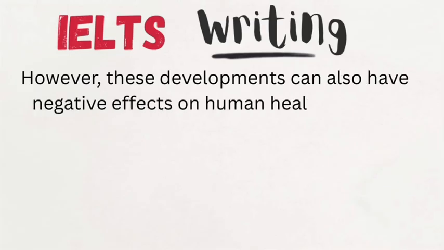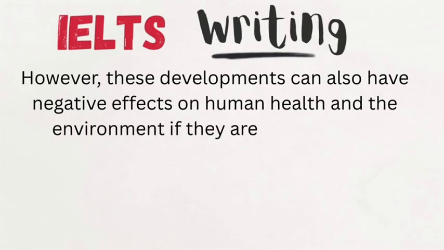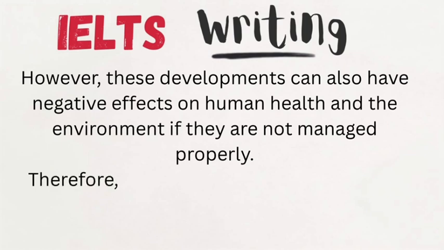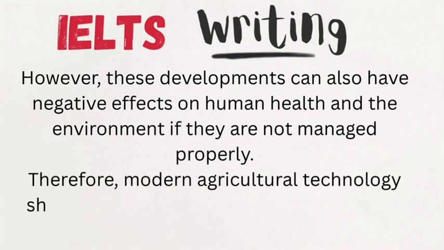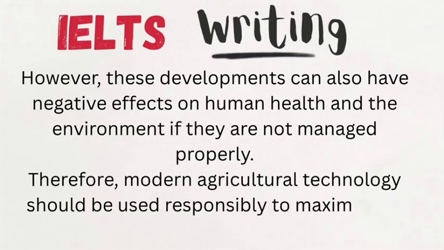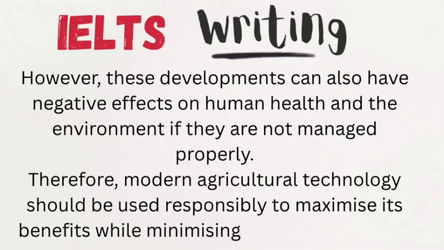However, these developments can also have negative effects on human health and the environment if they are not managed properly. Therefore, modern agricultural technology should be used responsibly to maximize its benefits while minimizing its harmful effects.